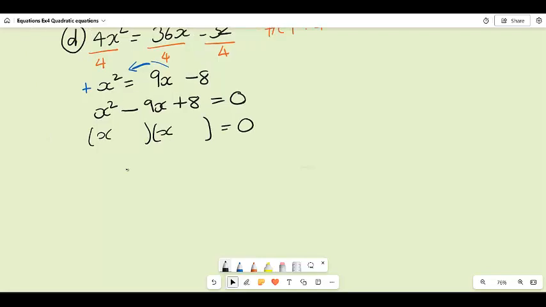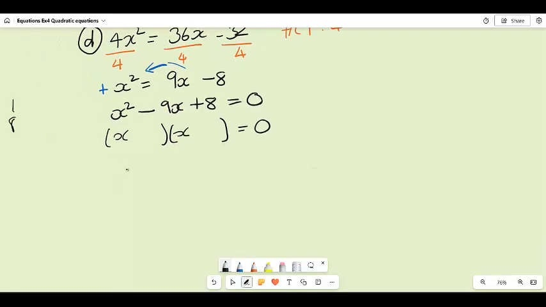Factors of 8 are going to be 1 and 8, which gives me 9. That's what I want, right? 1 and 8 gives me 9. Negative 1, negative 8 gives me negative 9, and negative 1 times negative 8 gives me positive 8. So that works. Minus 1, minus 8. This means that x minus 1 equals 0, or x minus 8 equals 0.